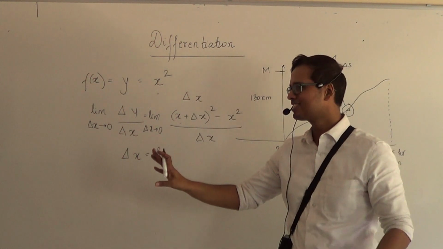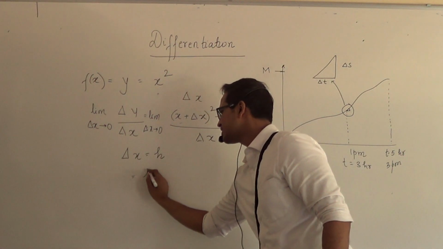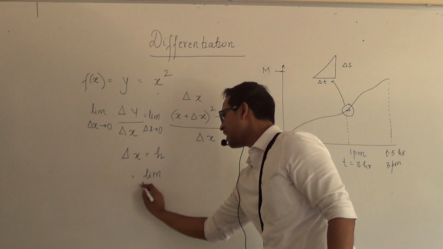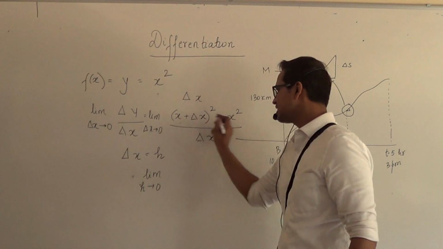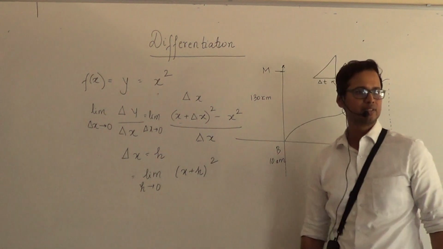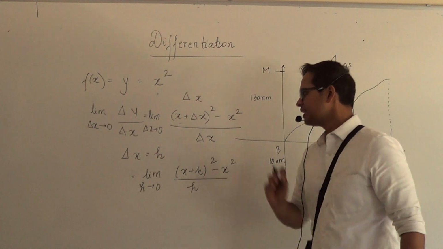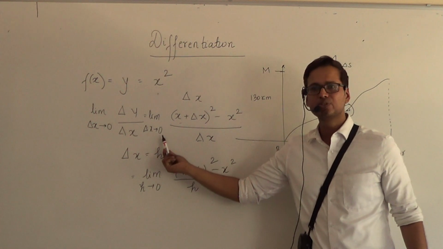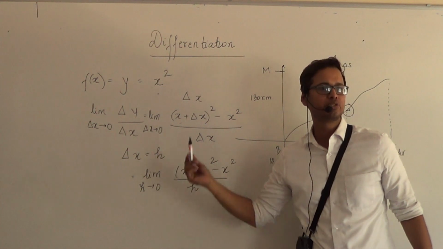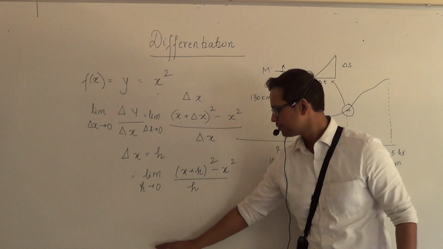So I'm going to evaluate the same problem. Now I'm writing it as x plus h the whole square minus x square by h, and instead of saying delta x tending to 0, now I'm saying h tending to 0. Everybody is fine with this? Is that okay?